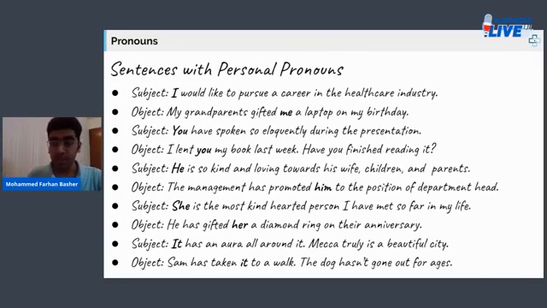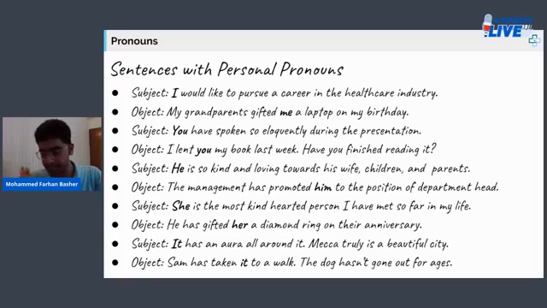Now, let's take a look at the object version of she, which is her. He has gifted her a diamond ring on their anniversary. Now, in this case, as you can see, she did not take any action, but rather received an action from her husband.